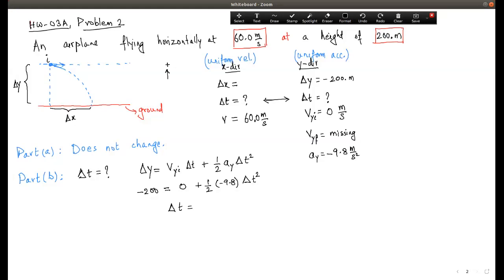It is delta t squared, so we have to take a square root after we do the algebra. So that's 200 divided by 4.9 using my calculator, and that gives me 6.4 seconds.